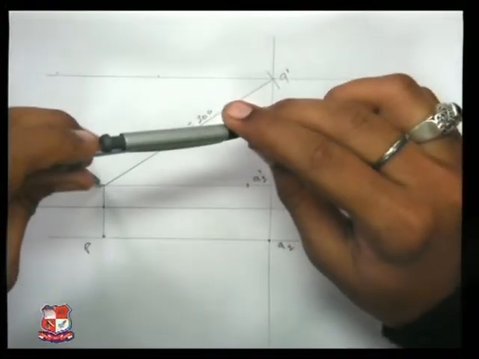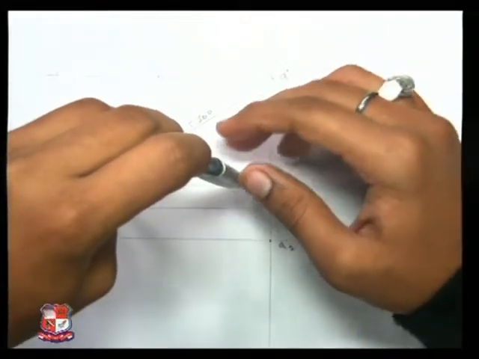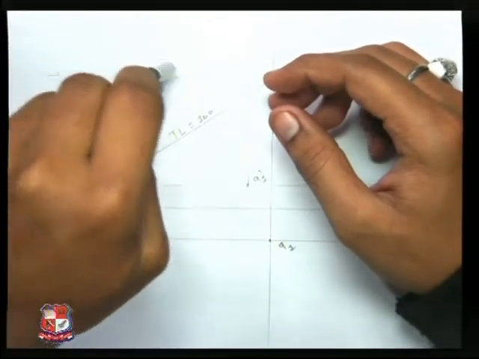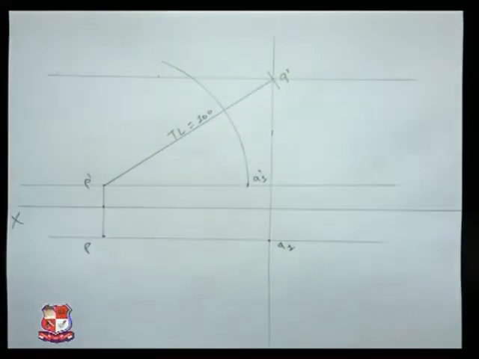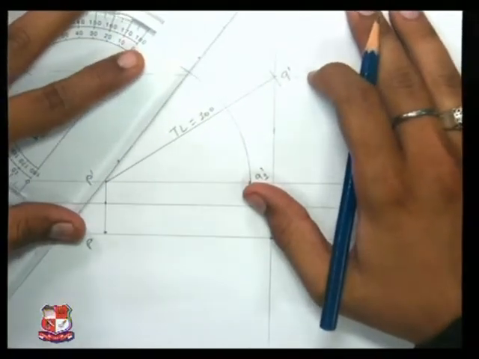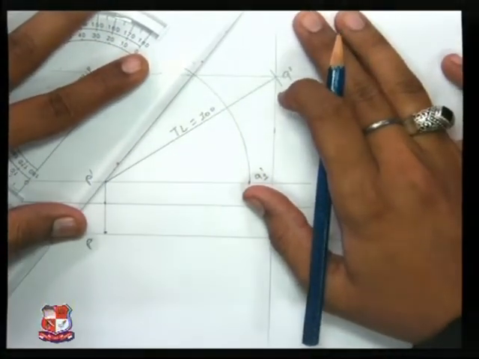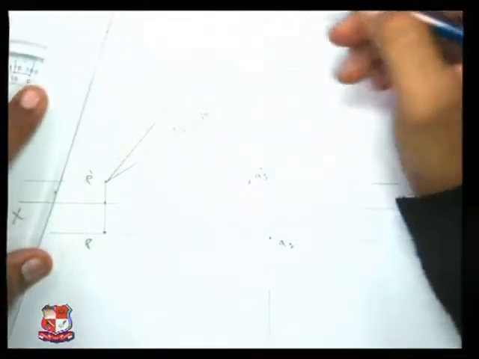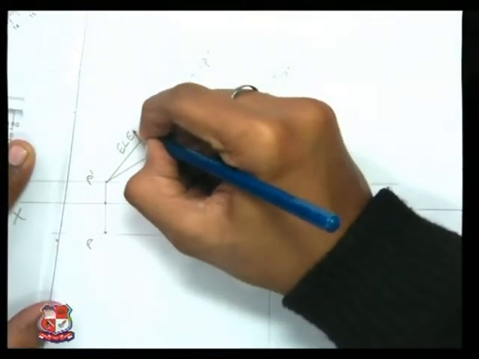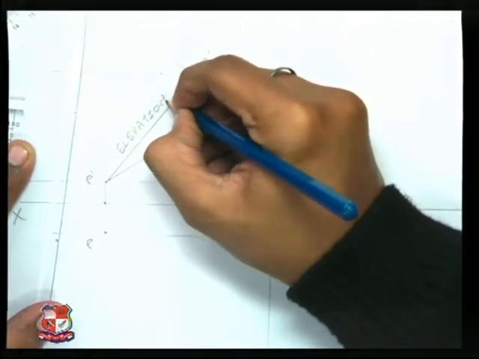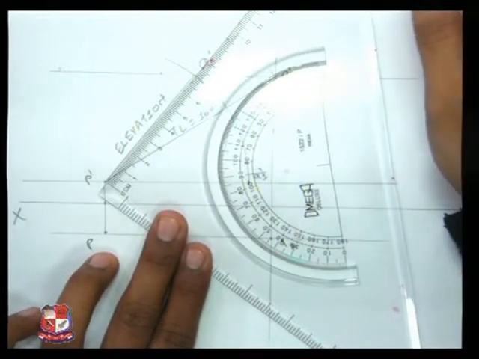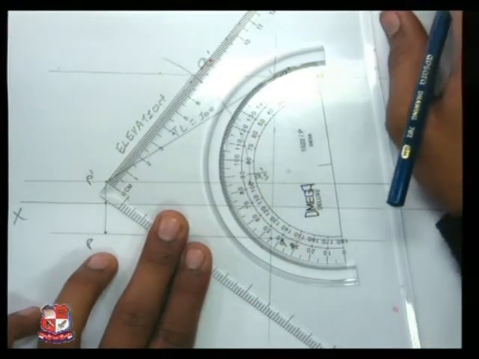Taking P dash as center and P dash q1 dash as radius, mark an arc. Joining P dash to capital Q dash, we have got our elevation. If you measure it, the elevation is 70 mm, as given.